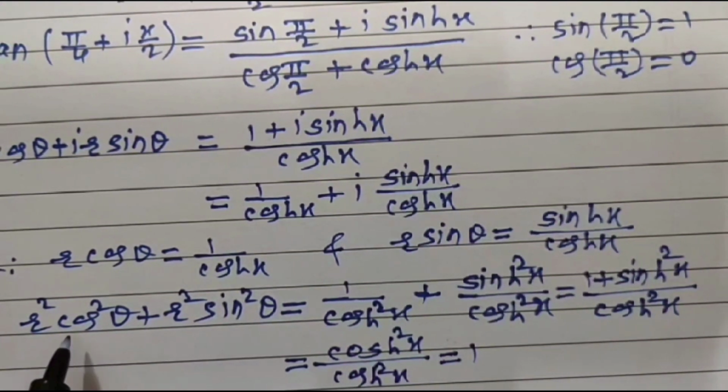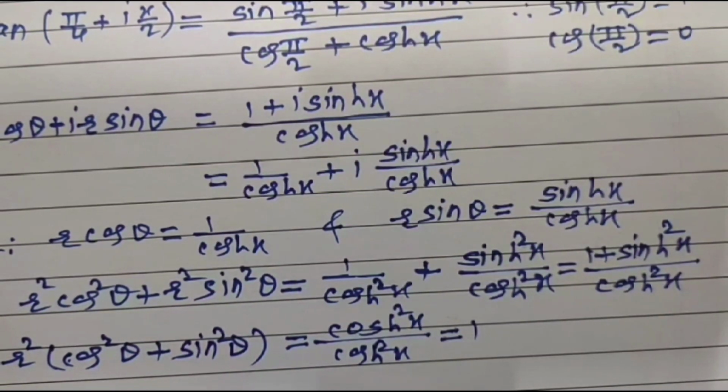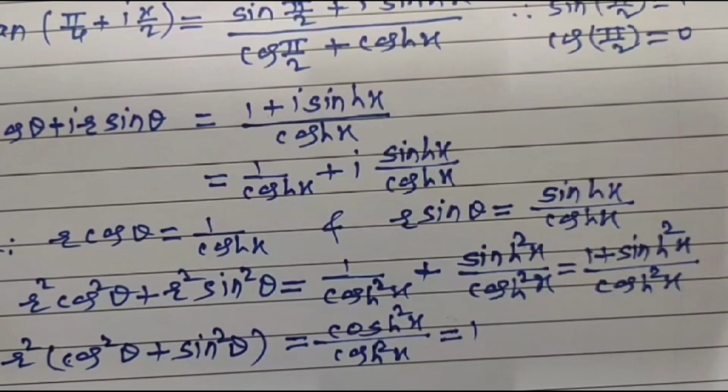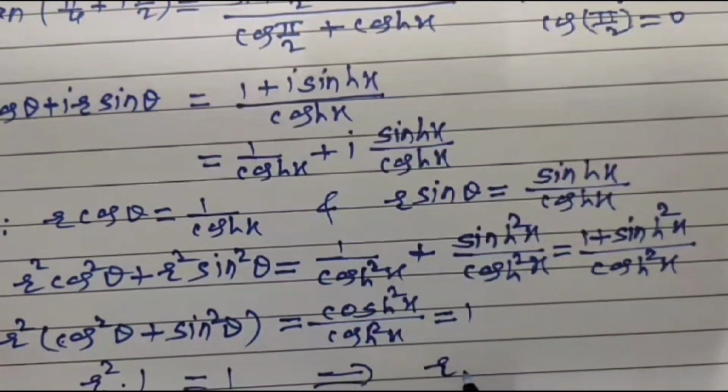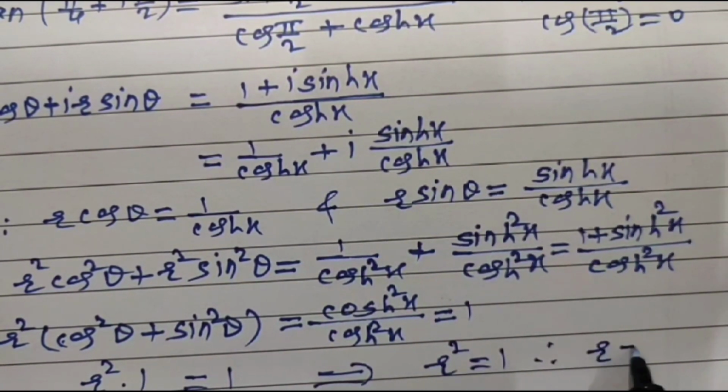Now taking r square common on the left hand side, r square into (cos square theta plus sin square theta) is equal to this. But you know cos square theta plus sin square theta is 1. So r square into 1 is equal to 1. This implies r square is equal to 1. Hence r is equal to square root of 1, which is equal to 1.